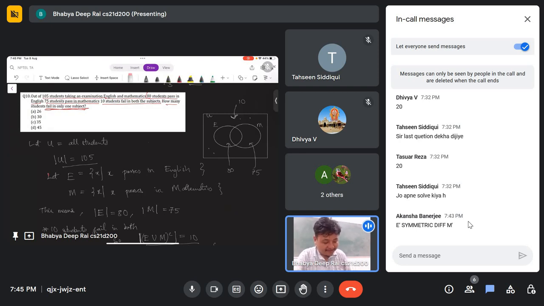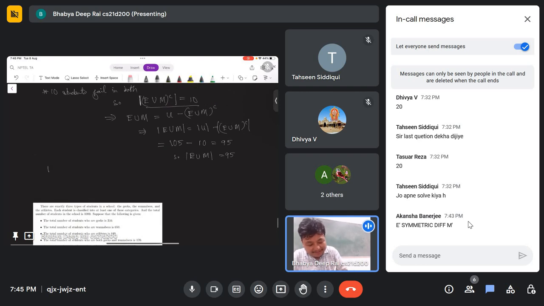Okay, Akanksha, you are along the correct lines, but let's see what E complement symmetric difference M complement means. What is E complement?